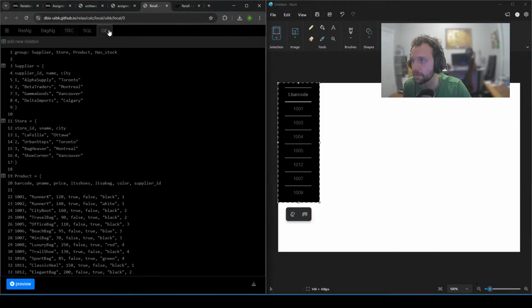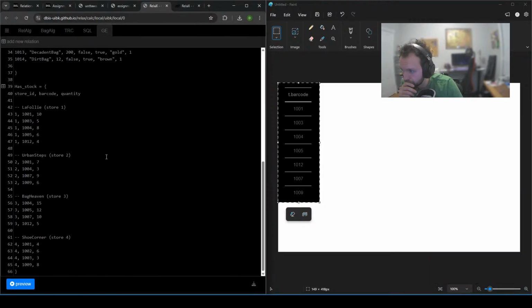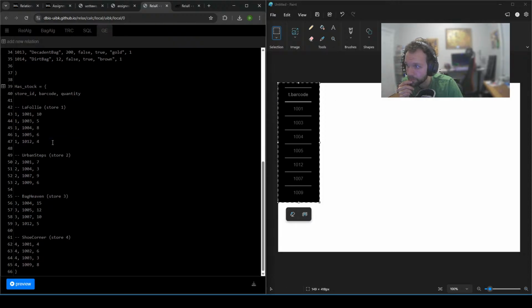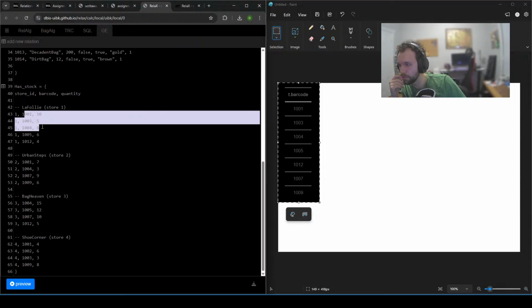Boom. Has stock: store, barcode and quantity. So I should only be having 5 items at most.